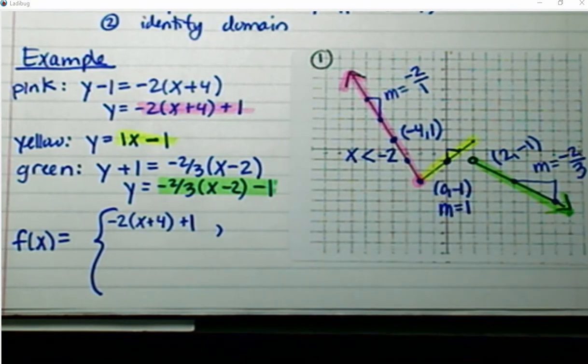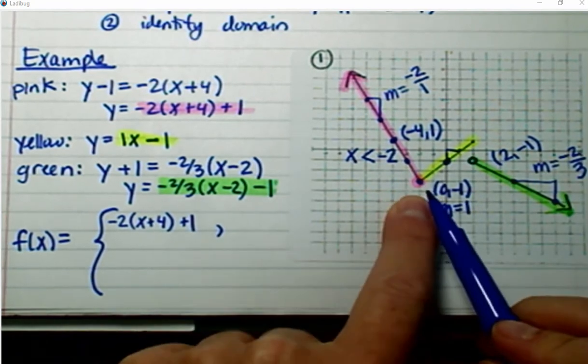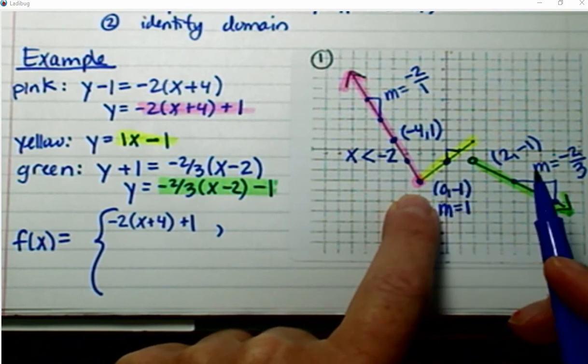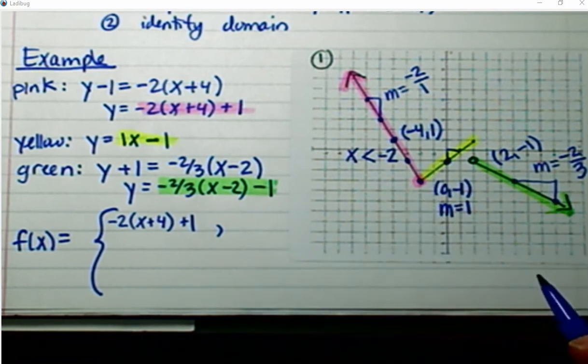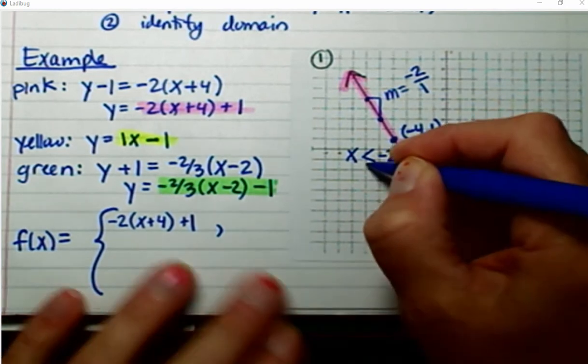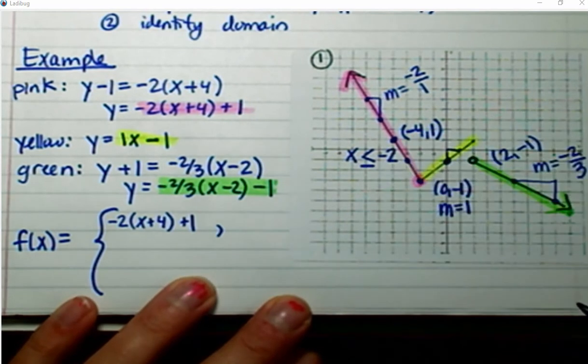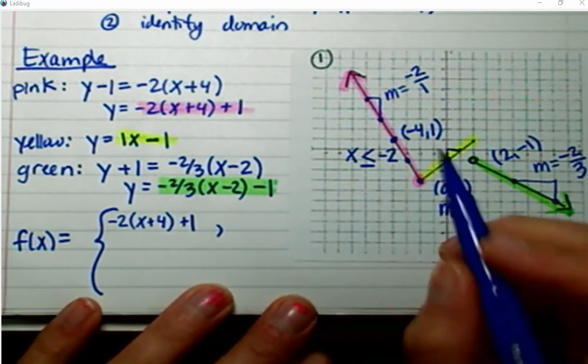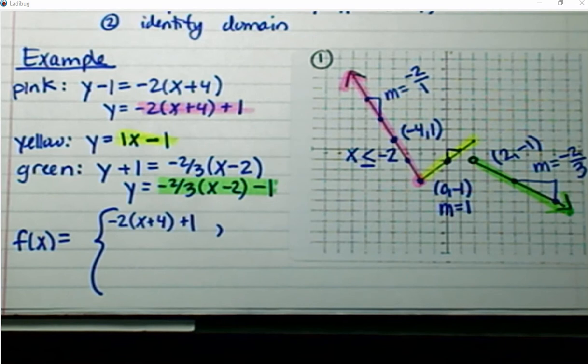Now, it appears as though pink and yellow kind of are in the same place. So you decide, do you want to include it? Sure, let's make the pink point included.